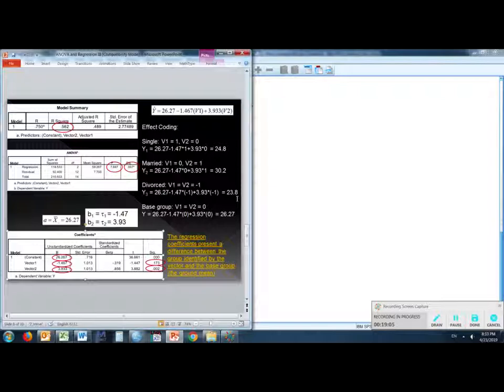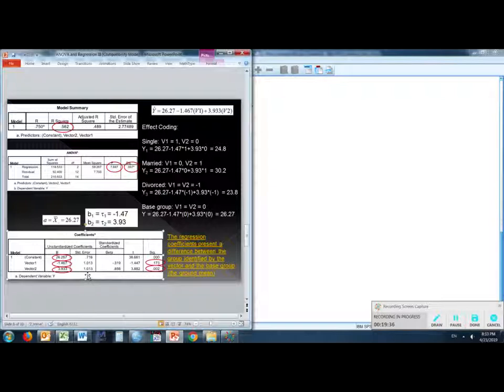Now our base group is actually the overall grand mean, because the base group is when vector 1 equals vector 2 equals 0. So it is 26.27 minus 0 plus 0, which is still 26.27. That is our grand mean. When we use effect coding, the intercept equals the grand mean.